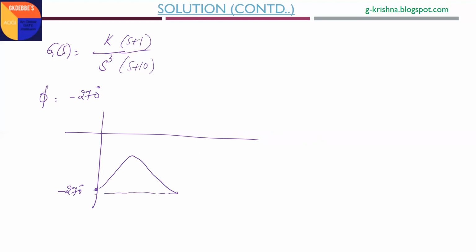But one lead system can provide a phase shift of only less than 90 degrees. Therefore, for minus 270, if we add less than 90 degrees, the angle will not be above minus 180, it will be below minus 180 degrees. If you want the phase angle greater than minus 180, like minus 170, minus 160 or minus 150, you have to connect two lead systems with alpha value less than 1 by 5.828.